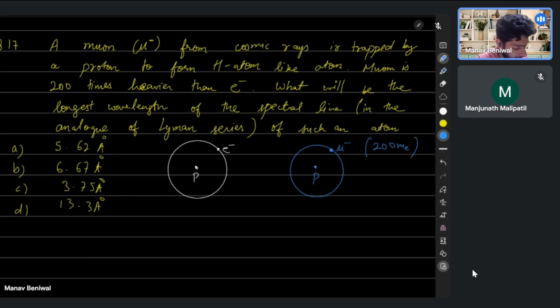So if we calculate its reduced mass, mu will be mass of proton times mass of muon upon mass of proton plus mass of muon.